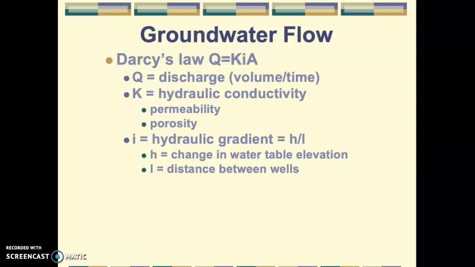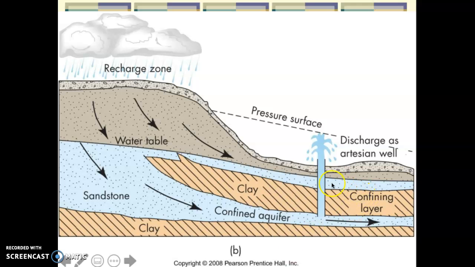So the next factor is the hydraulic gradient. That is the slope of the pressure surface in that groundwater system. And so if it's an unconfined aquifer, the pressure surface is the water table. If it's a confined aquifer, the pressure surface is however high the water would go if you drill the well into that aquifer.